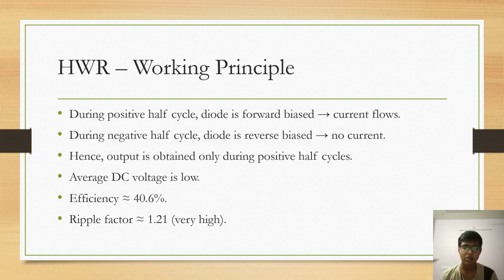Hence output is obtained only during positive cycles. So it gives half cycles. Average DC voltage is low. Efficiency is approximately 40.6% and the ripple factor is 1.21. It is very high.